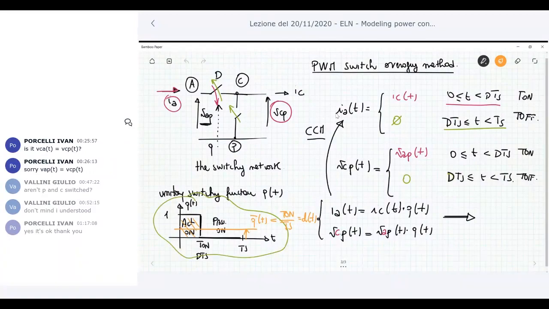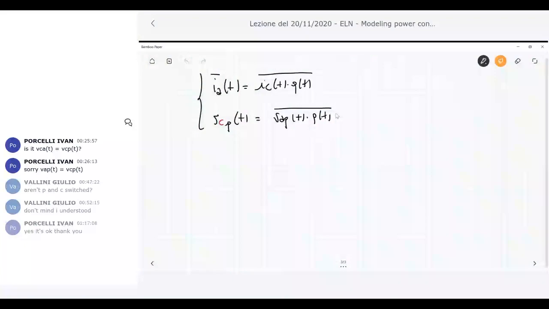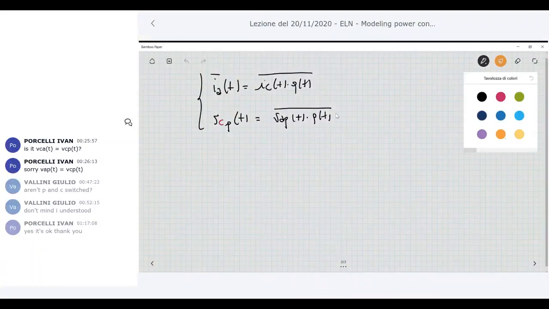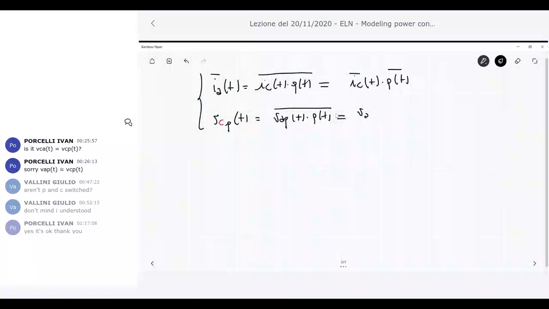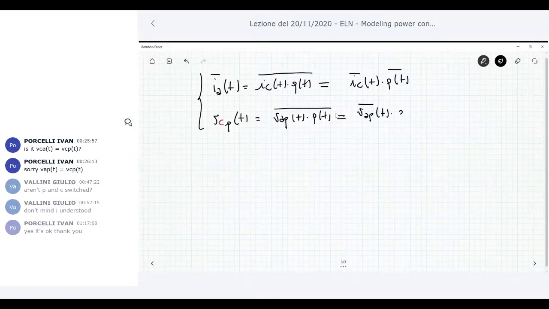So I want to write down this equation, exploiting these features, putting here the duty cycle. So you have to do something like this. I have to break down the average, and I want to say something like that. VAP as a function of t, average value, Q average t.